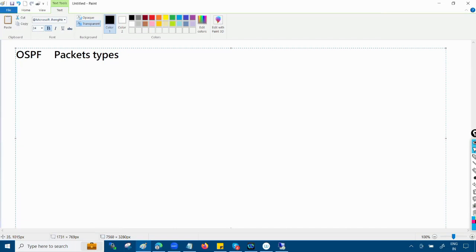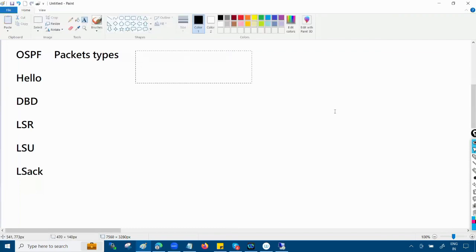We had a hello packet, a DBD packet, then an LSR packet, an LSU packet, and then an LSA acknowledge packet. Now, you may have a question why we are again recapping the OSPF protocol. To understand the IS-IS protocol in a good way, you need to first know OSPF, right? So OSPF has this kind of packet.